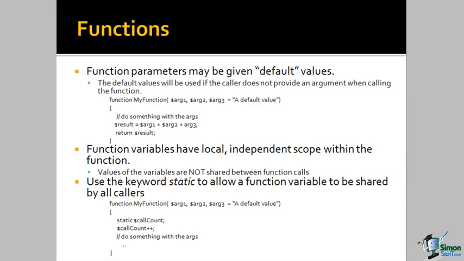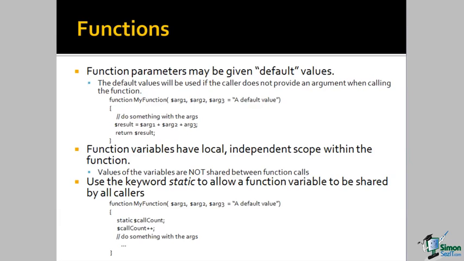Now we can override that with another new keyword called static. The static keyword tells the PHP preprocessor, hey, this is a special variable. I want this variable to have a lifespan between the function calls. So if caller 1 calls the function and sets a static variable to the value 1, then the next caller, caller 2, will see the value 1 for that static variable.